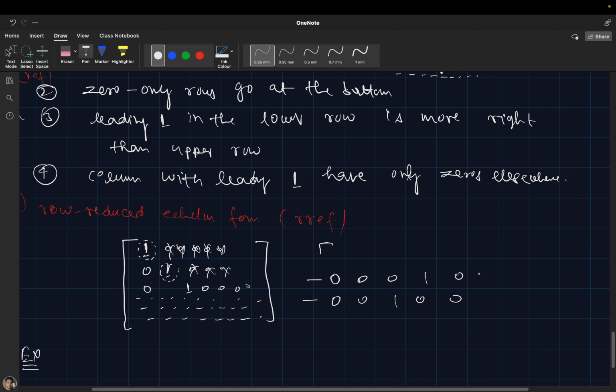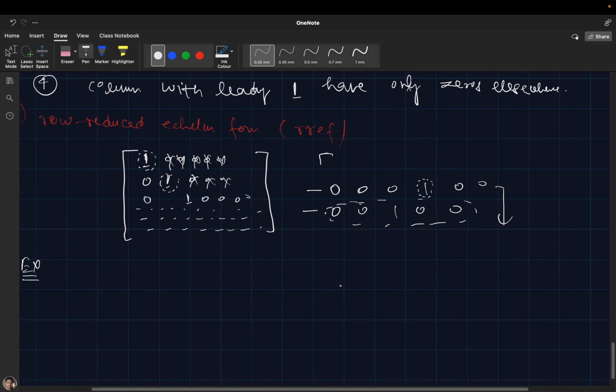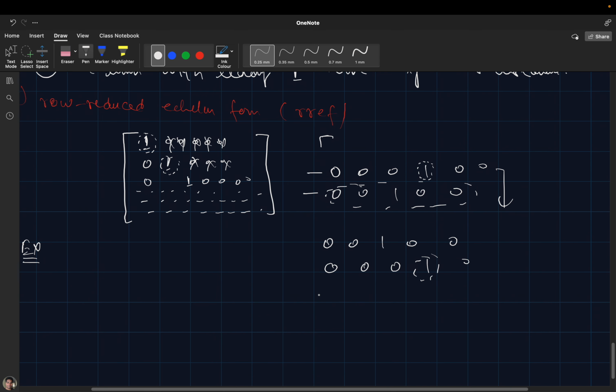Then this one should come up and this one should go down, so that after interchanging, the leading one moves in the right direction. Are you getting my point? So that is the third condition.